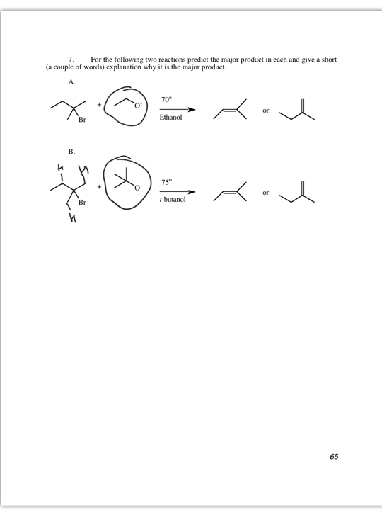But with the big base, it's going to be much easier for it to grab one of these hydrogens on the outside to form the product, whereas with the small base, it's going to prefer to grab the hydrogen off of the more substituted carbon to form the most stable alkene, which is the most substituted. So the size of the base helps us decide what can happen in the overall reaction.